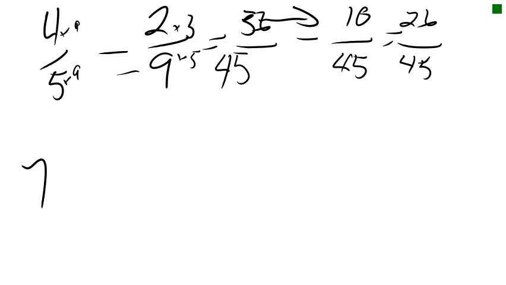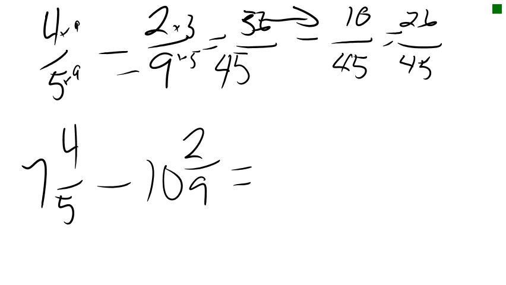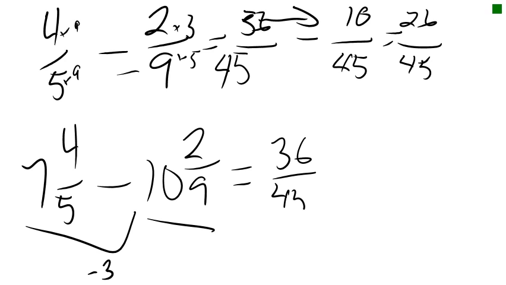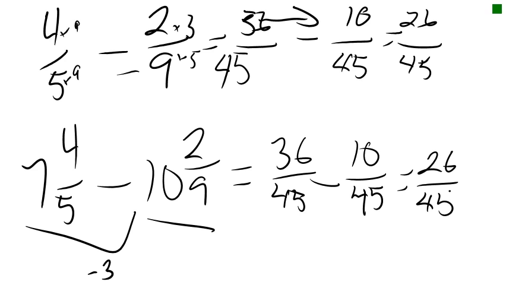And then we have the same deal, but with mixed numbers. This one's going to be a negative, obviously, because our second fraction is bigger. So let's go ahead and do our whole numbers. It's going to be a negative 3: 7 minus 10 is negative 3. And then we have 36/45ths minus 10/45ths.